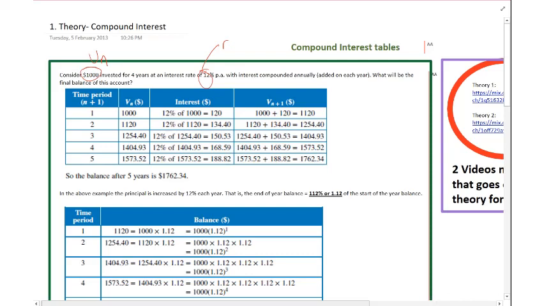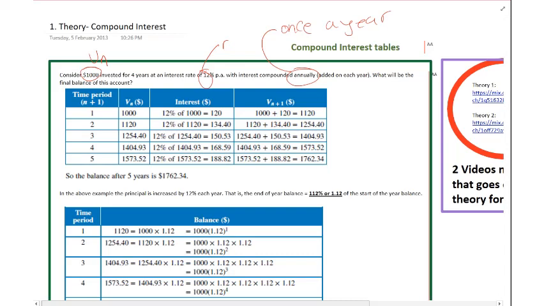And compounded annually means the compounding is done once a year. That's important because sometimes you do compounding quarterly, and compounding quarterly means 4 times a year.